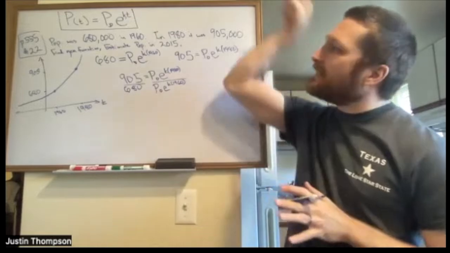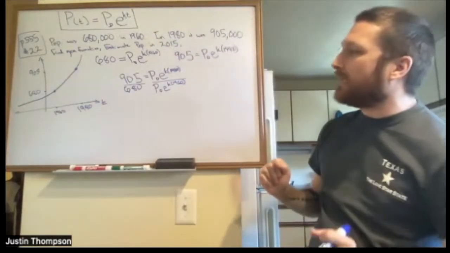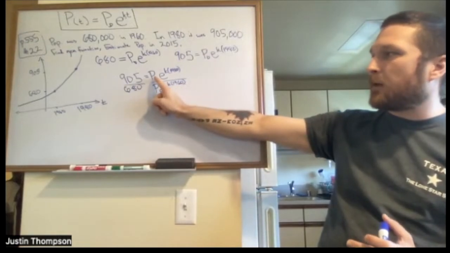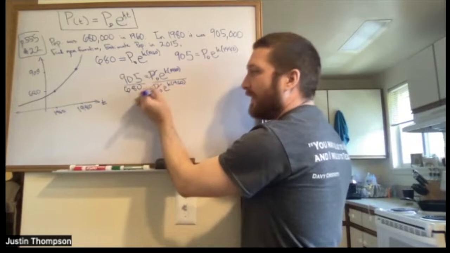And this particular type of function lends itself to that really easily, because as you can see, whatever this number is, P0 divided by P0 is gone. That's nice.